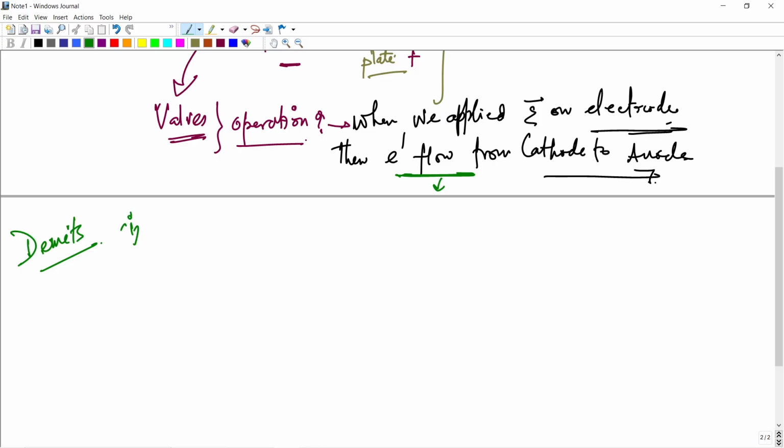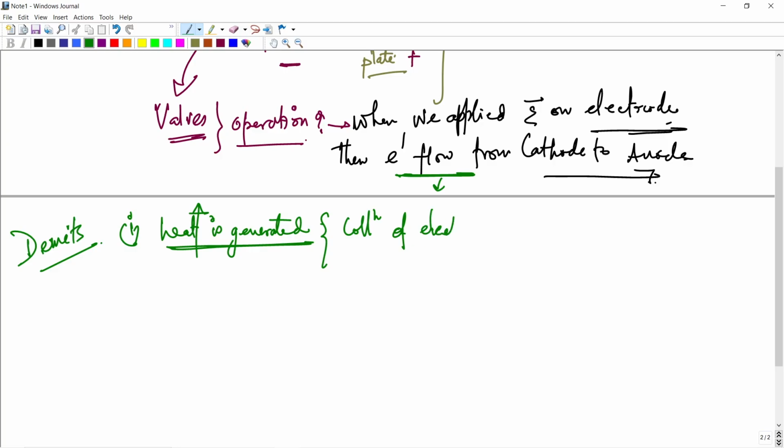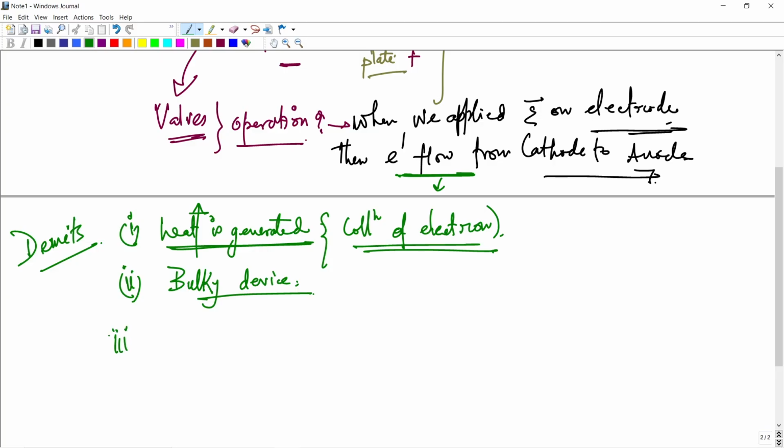So the first demerit, a very high value of heat is generated, because the electrons collide. The second demerit is that the devices are very bulky. The third demerit is that the operating voltage is very high.